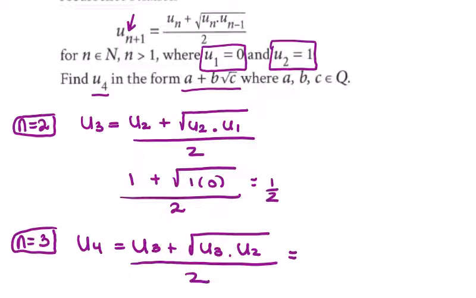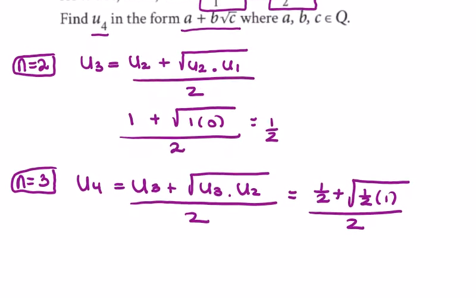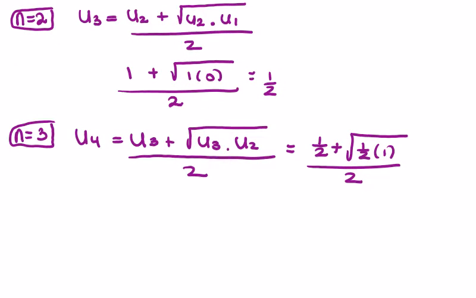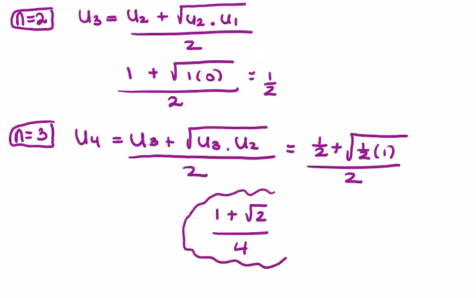So this is going to be equal to u3, which was a half, plus the square root of u3, which is a half, times u2, which is 1, all divided by 2. And to get it in the form a plus b root c, I'm just going to type this into a calculator. So it's giving me 1 plus root 2 over 4. 1 plus square root of 2 divided by 4, which can be written in different forms, but this is the way I'm going to leave it.